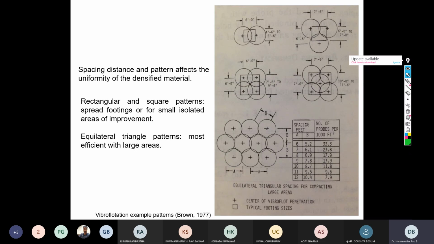It is recommended that the equilateral triangular pattern is the most efficient for ground improvement. In terms of performance, the triangular pattern is highly efficient, but often we may also go for other patterns like a rectangle.